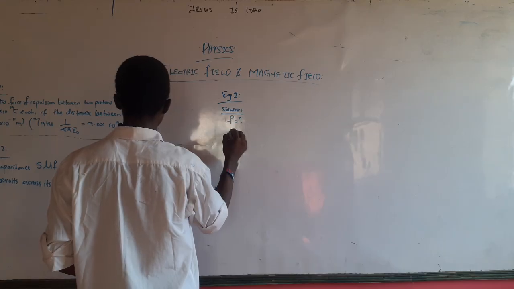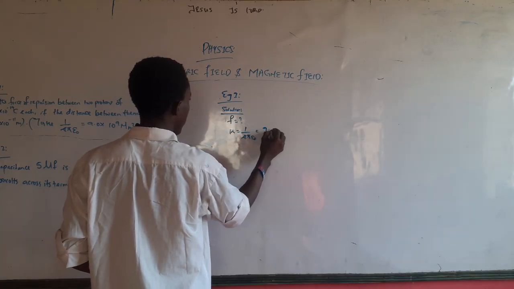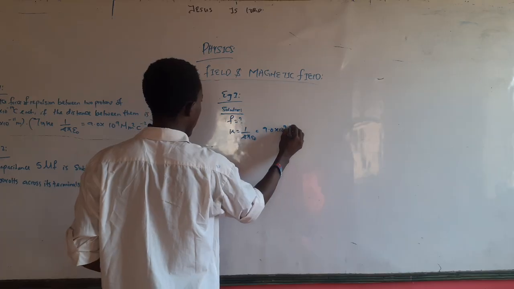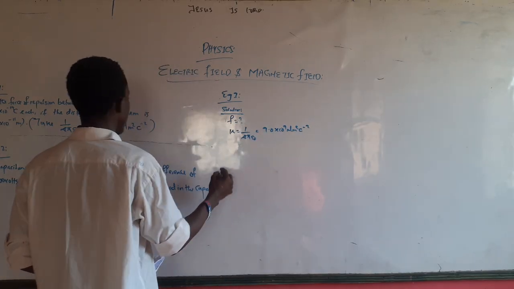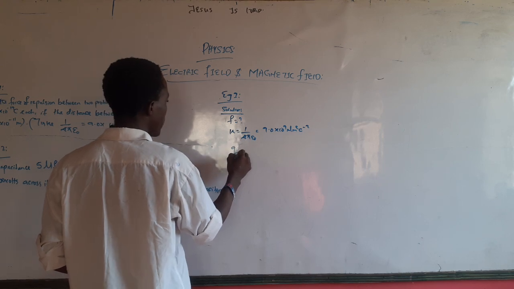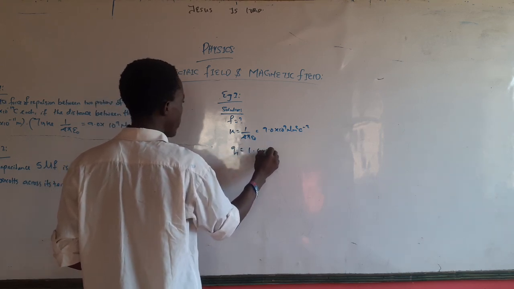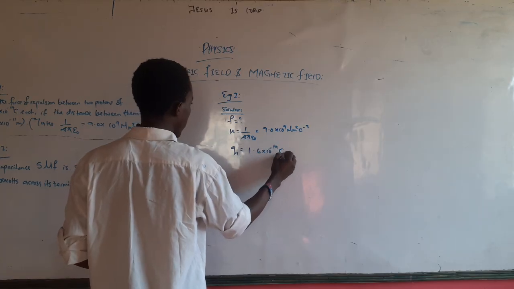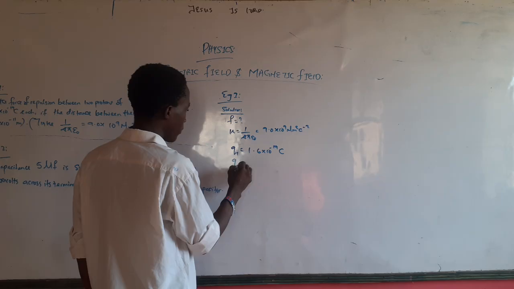Here is what they're asking to find. F is given, with K as 1 over 4 pi epsilon naught, which is 9 times 10 to the power 9 N m squared per coulomb squared. They're giving us Q1 equals 1.6 times 10 to the power -19 coulomb. They said each, so Q1 and Q2 are the same.